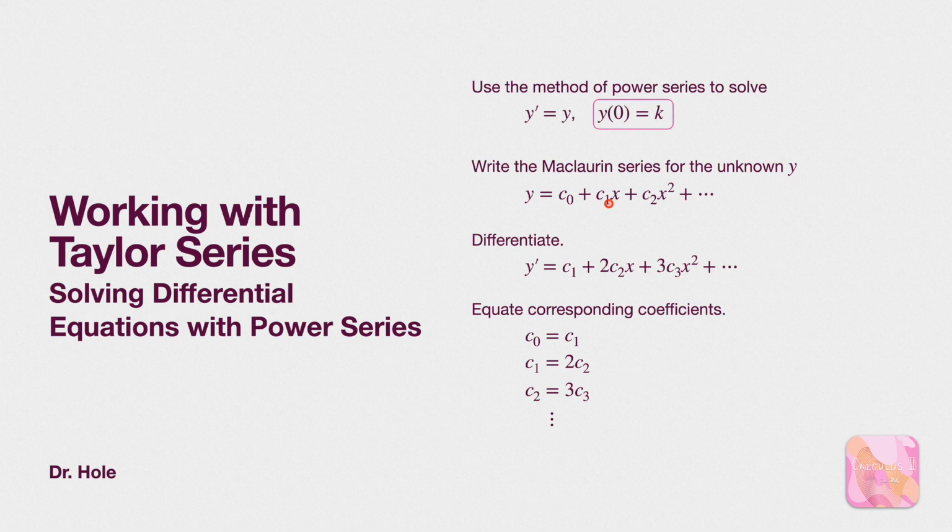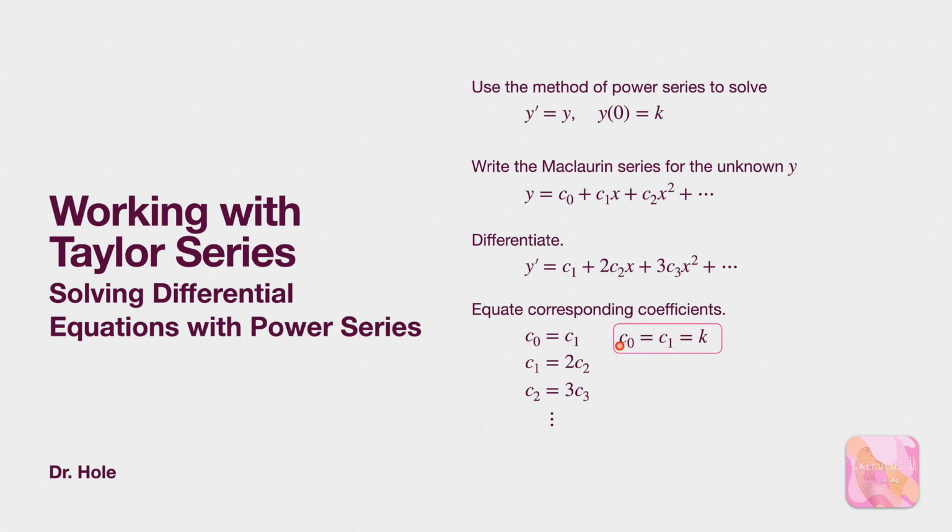Thus, all of these terms on the right-hand side will all go away, except for the constant C0. Thus, C0 must take the value k. However, from the differential equation y prime equals y, we also know that C0 must be C1. That is very good information. Record that. And then bootstrap that up into the next equation.